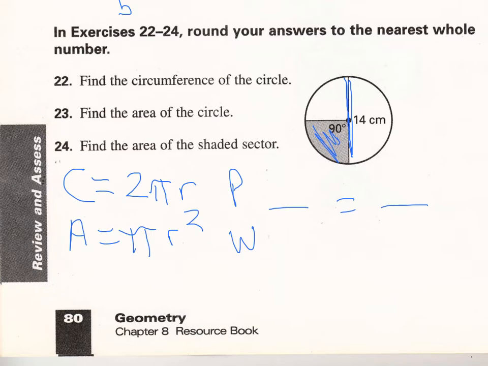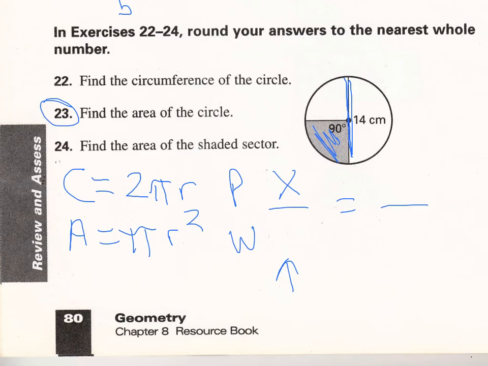I would start with your shaded part up top over the area of the whole thing, and I would call the shaded part X, since we don't know it. The area of the whole thing was your answer to number 23. That's going to go down here in the bottom.